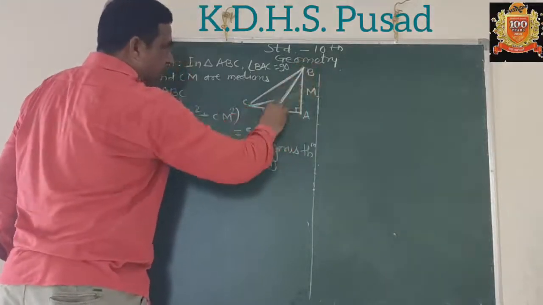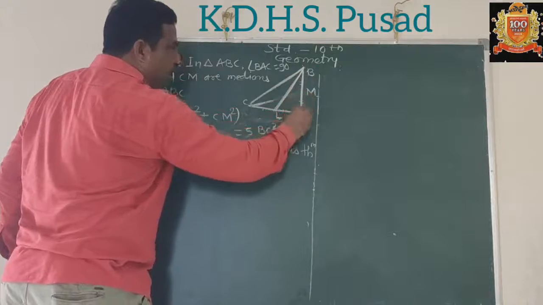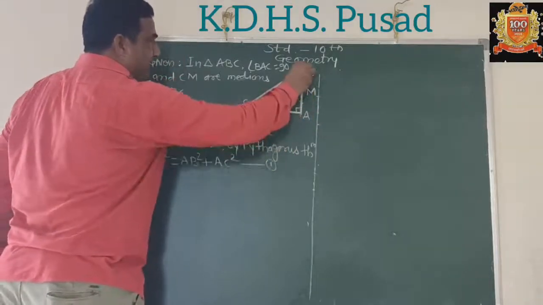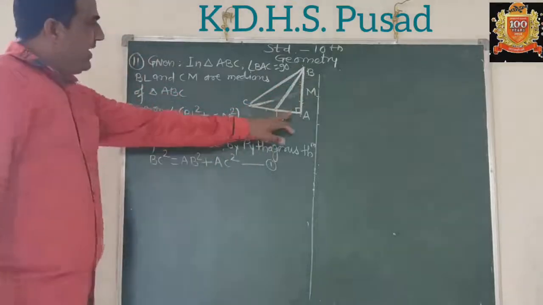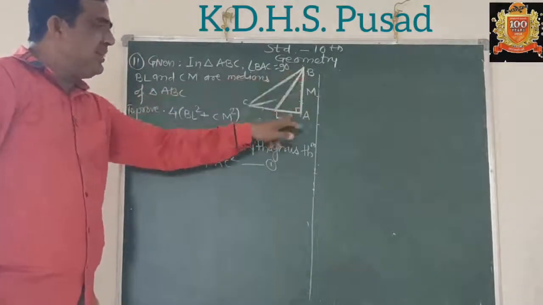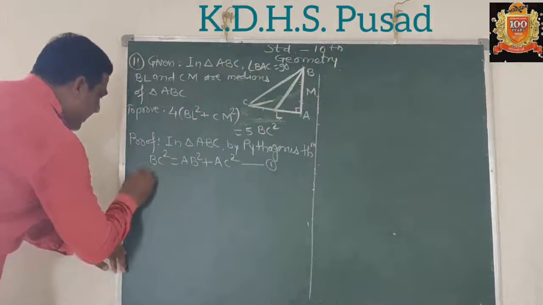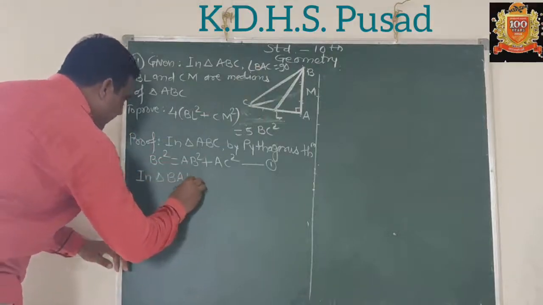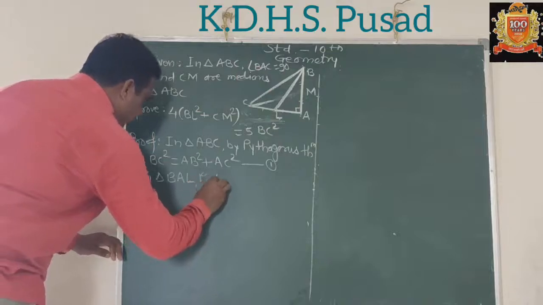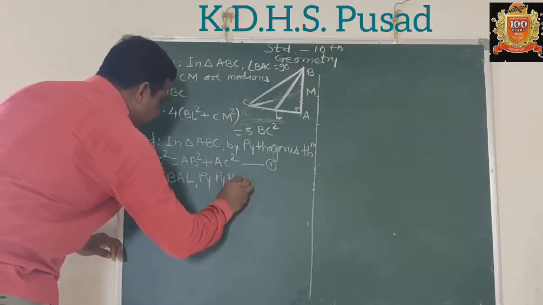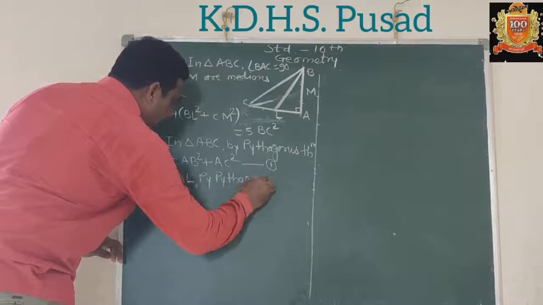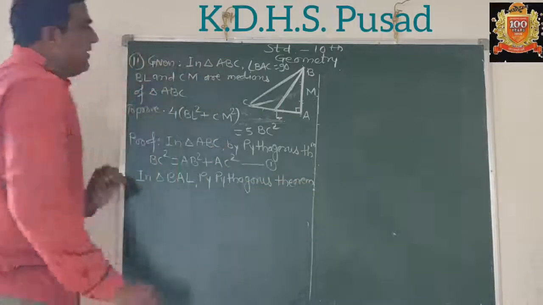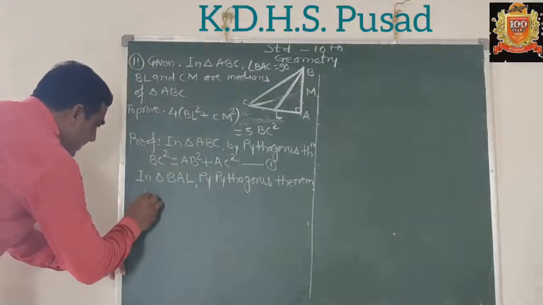Consider this triangle BAL. If we observe, this angle is 90, so in this triangle BAL we can use Pythagoras theorem. In triangle BAL by Pythagoras theorem, what do we get?